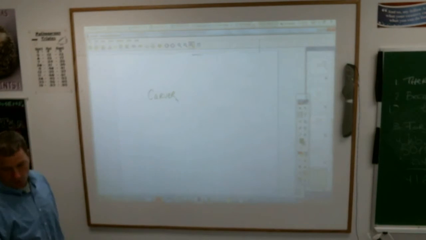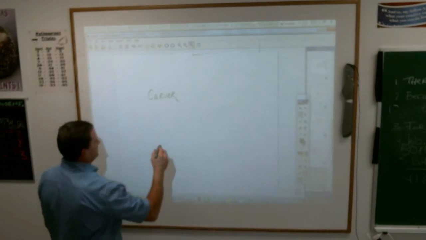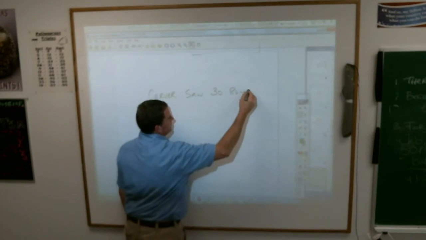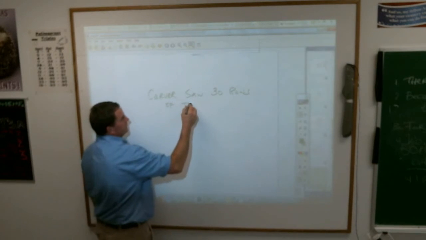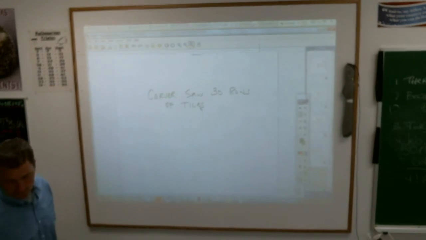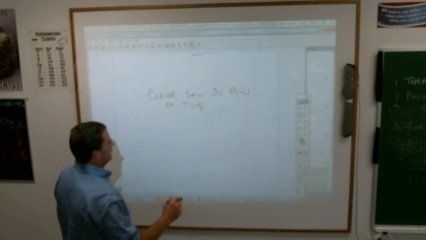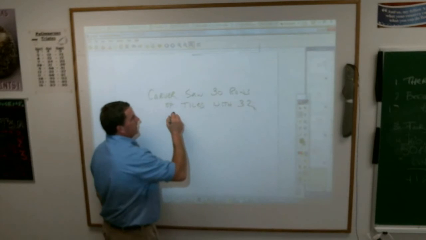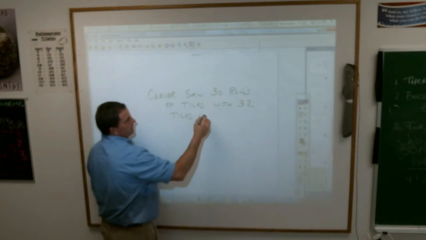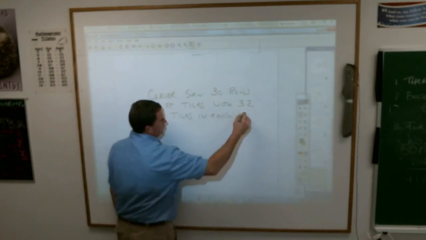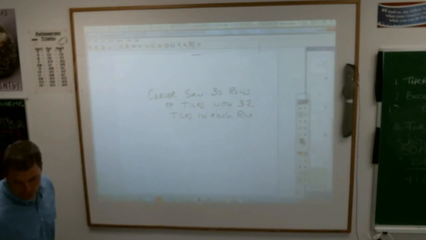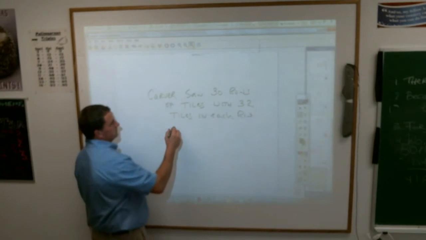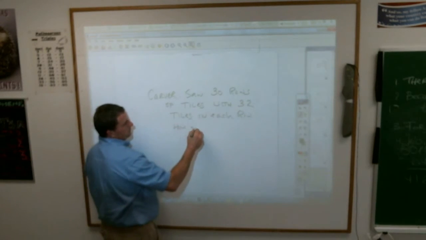Saw 30 rows of tiles with 32 tiles in each row. How many ceiling tiles? How many tiles did he see?